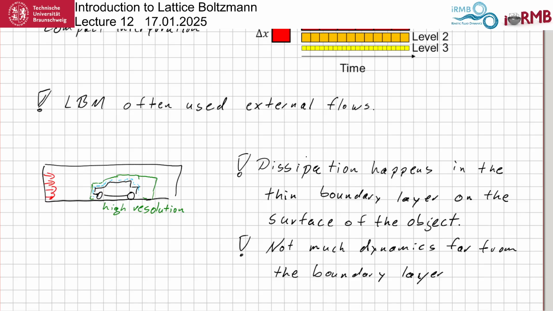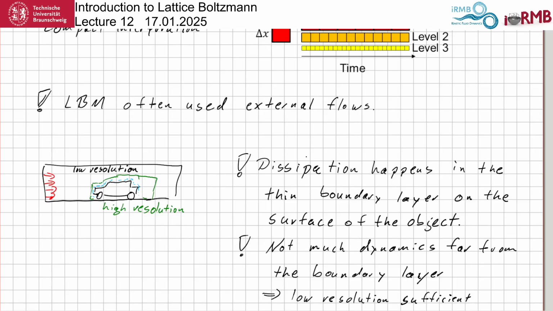So the idea is, if there's not a lot happening, then you don't need a lot of computational resources. Yeah? So let's say a low resolution is sufficient. And therefore we'll have here low resolution. Or let's say we would like to have low resolution. Yeah?